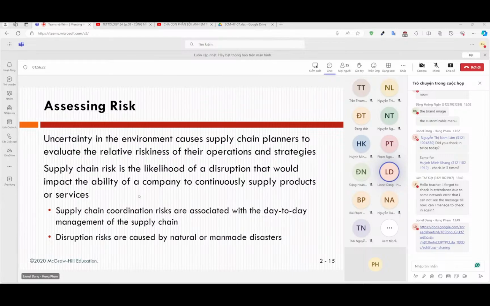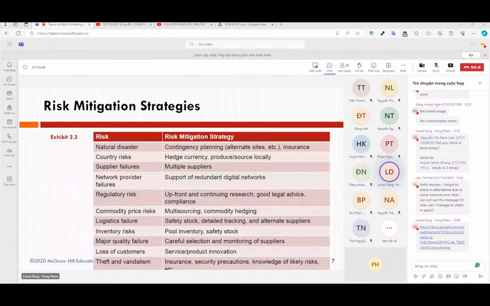So there are two main categories of risk. The first one is the risks related to coordination. The second one is the disruption caused by natural disaster. Yeah. So those are the two main categories of risk. And then from there, we can have more details. For example, those related to natural, country or regulatory risk.